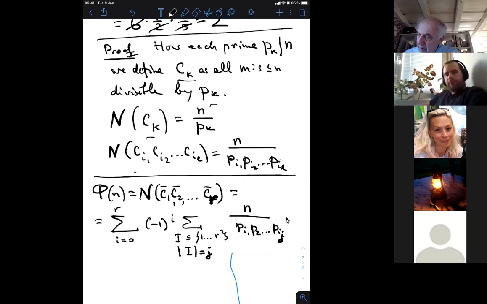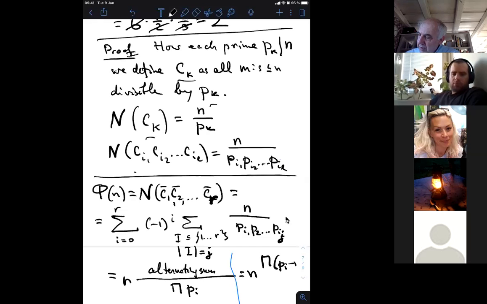Now if we expand it, take it to the common denominator, then we'll be getting something like the product of all p_i's, all prime divisors, and here we'll get a certain alternating sum. If we look carefully, n times this, the numerator here would be exactly the product of (p_i minus 1).